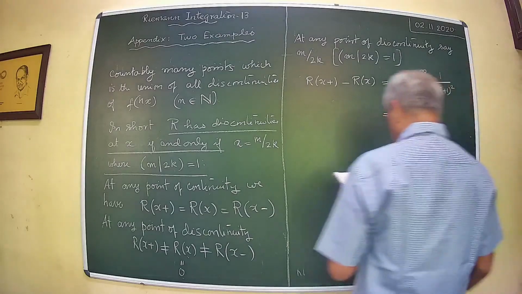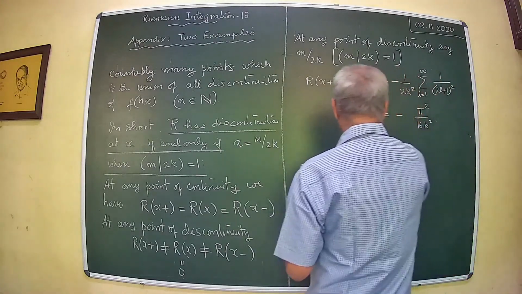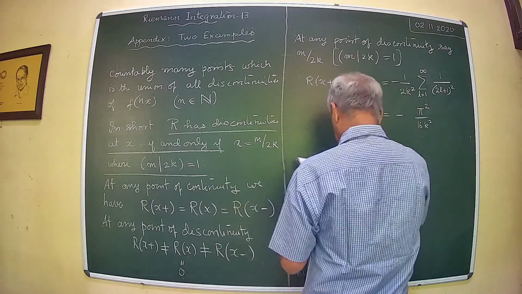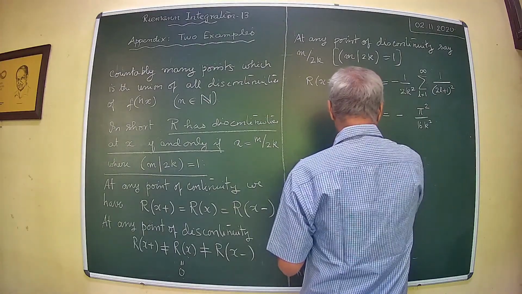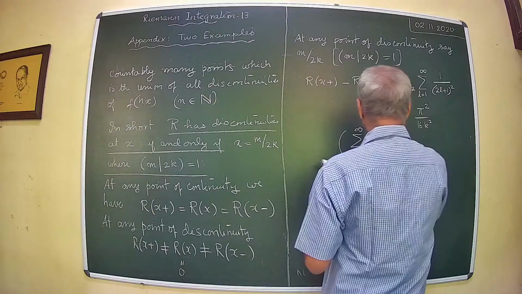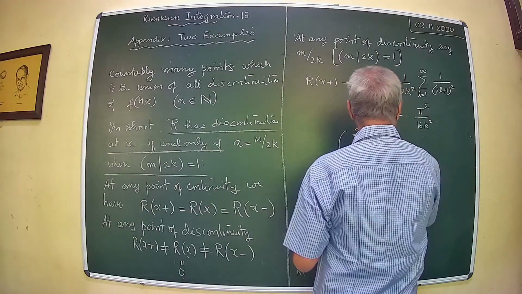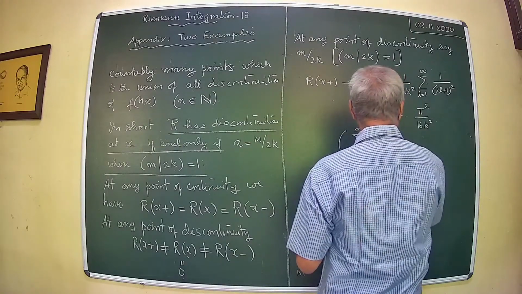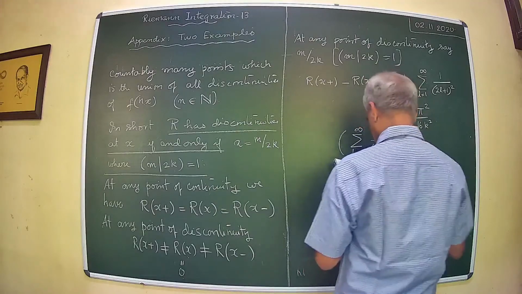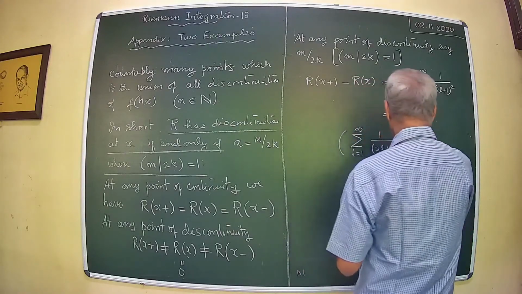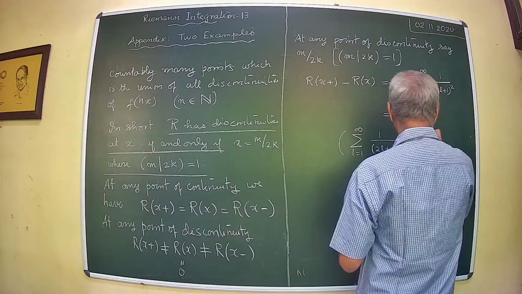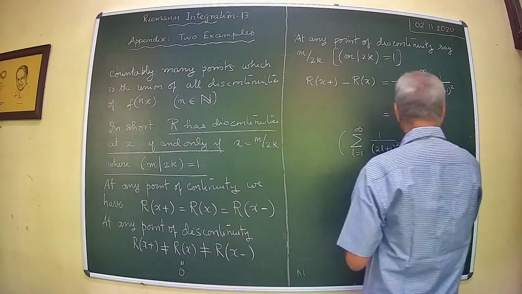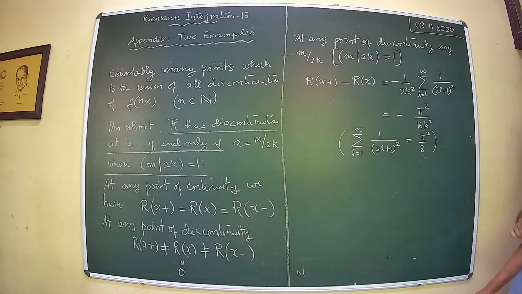Here you are using the relation sigma l equal to 1 to infinity 1 upon l square.